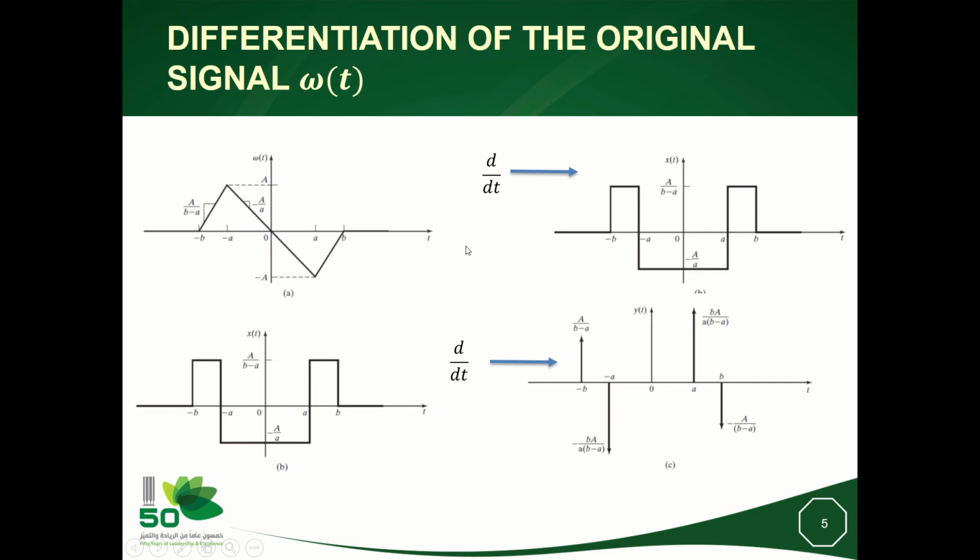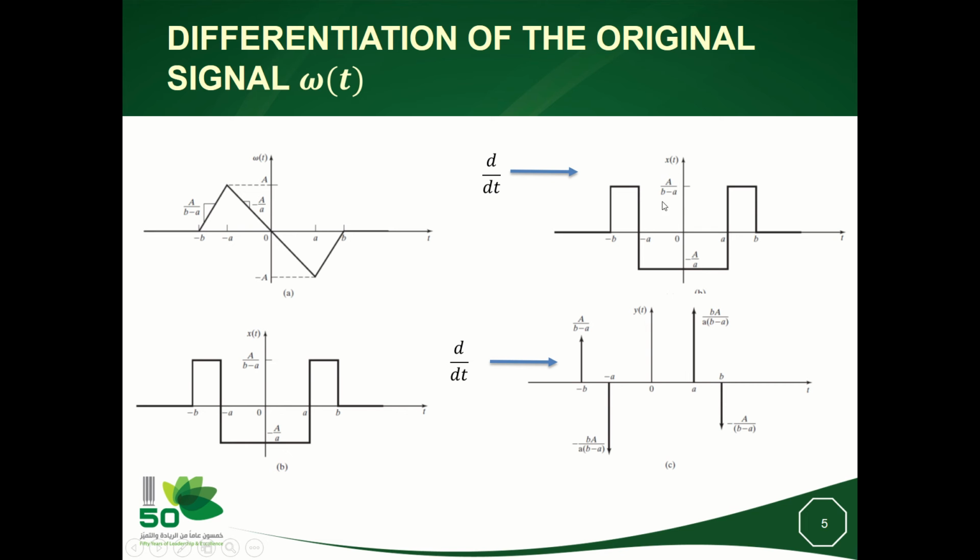So this is the original signal omega t. If I differentiate this signal with respect to time, what do I get? Here we have a line. If I differentiate a line, I get its slope, and the slope is clearly capital A divided by this distance, which is exactly b minus a.